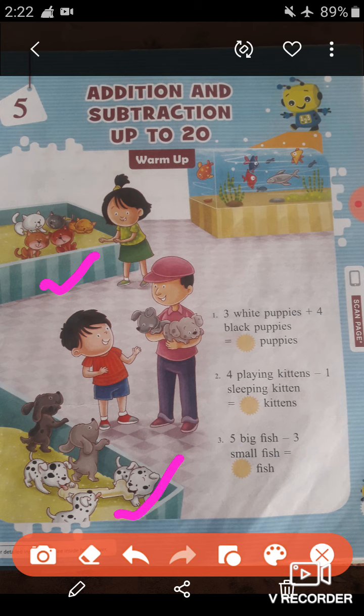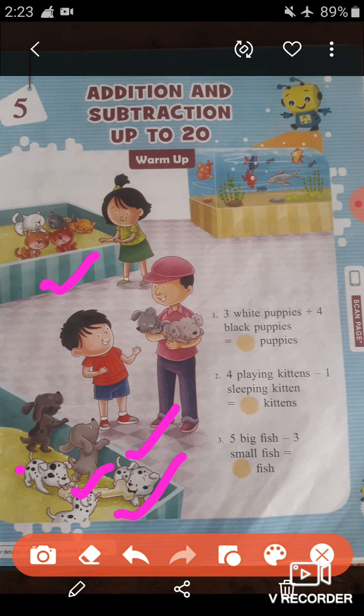And here these are puppies. So related to this picture, we are going to do some sums. Look at the first one. 3 white puppies plus 4 black puppies. So students, look here. There are 3 white puppies. 1, 2 and 3.